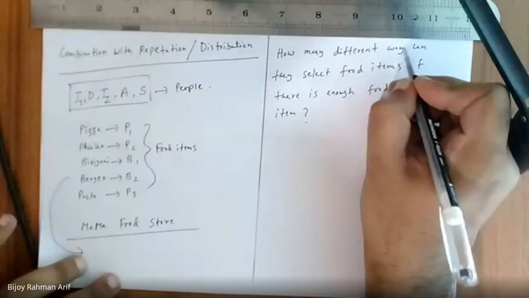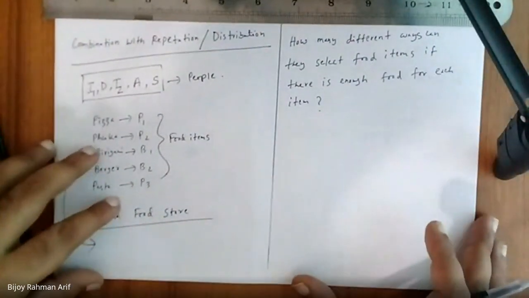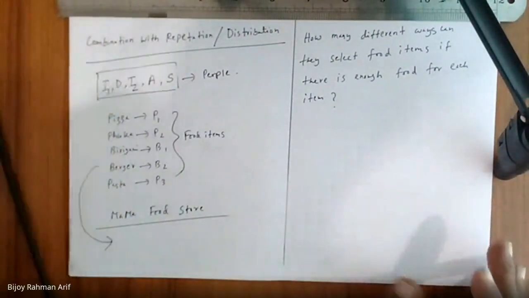How many different ways can they select food items if there is enough food for each item? Read the question carefully. Is the question clear to you?